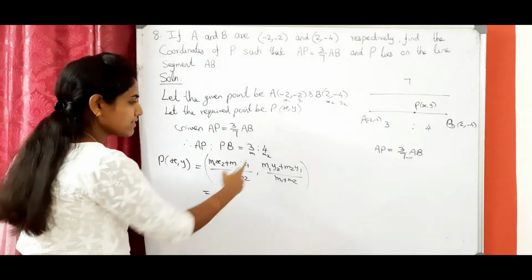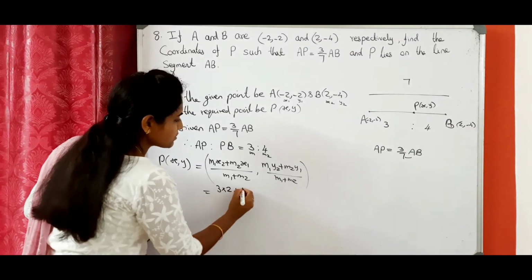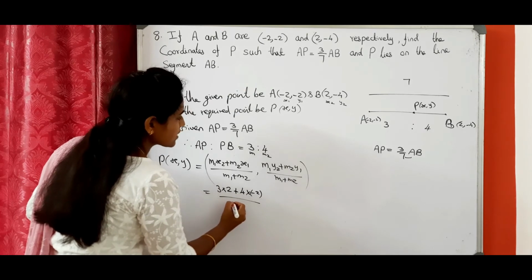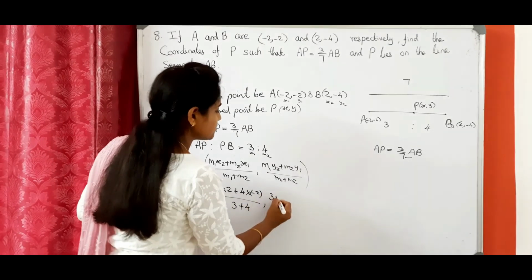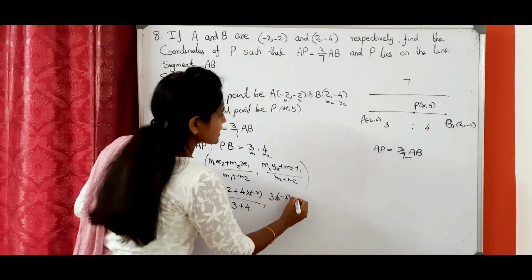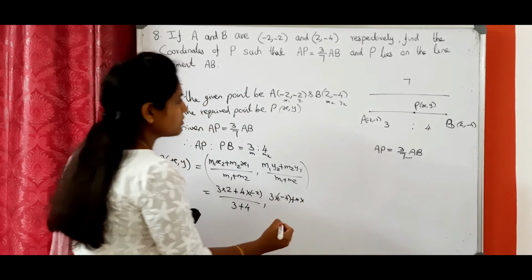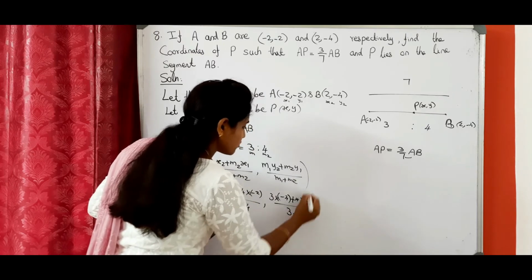Apply the values in the formula. m1 is 3, x2 is 2, plus m2 is 4, into x1 which is -2, divided by 3 plus 4, comma, m1 is 3 into y2 which is -4, plus m2 is 4 into y1 which is -2, divided by 3 plus 4.